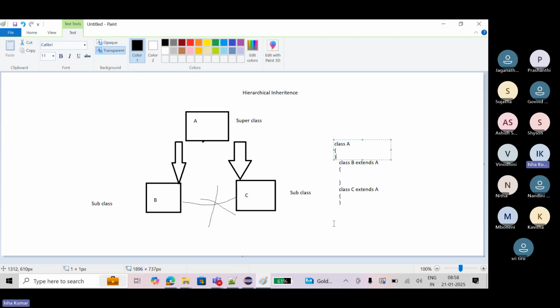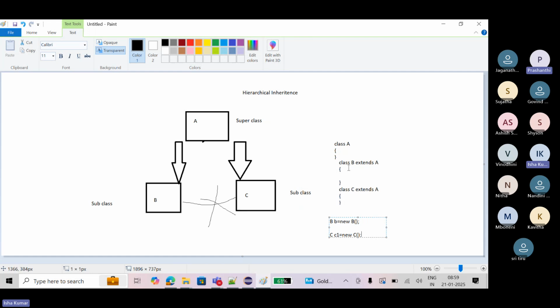So how many objects do we need to create here? Two objects. One for B, so that B can access the properties and behavior of the B class as well as the A class. And one for C: C1 equal to new C. If you create the object of C, then C can access the properties and behavior of its own class as well as the parent class.